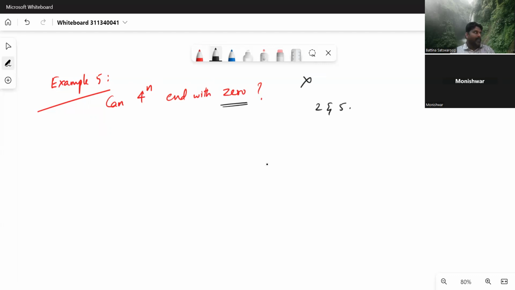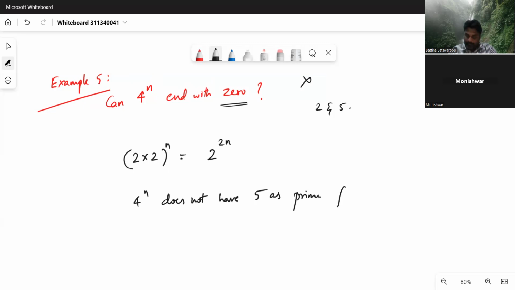Whereas when you see 4 power n, its factorization is 2 into 2 power n, that is 2 square n or 2 power 2n. That's all. There is no 5 over there. So 4 power n does not have 5 as a prime factor. Hence, it cannot end with 0.